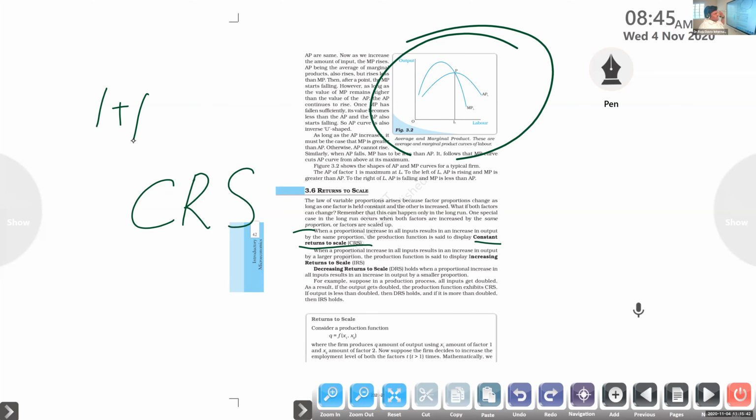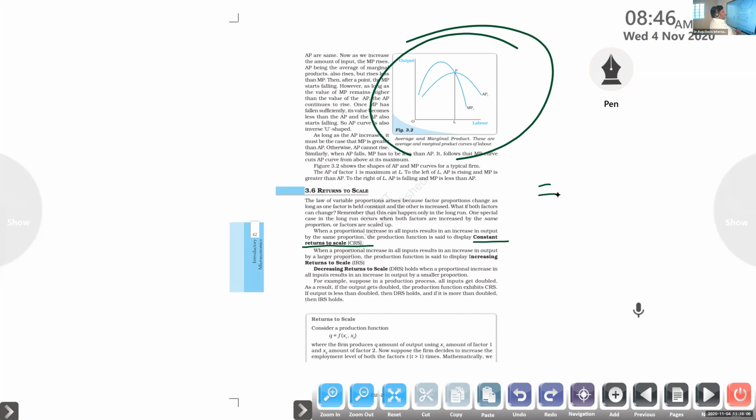What is the proportion of change in the input? The same proportion we are able to find in the output also. The proportionate change we find in both input and output is always the same. That kind of return is termed a constant return.